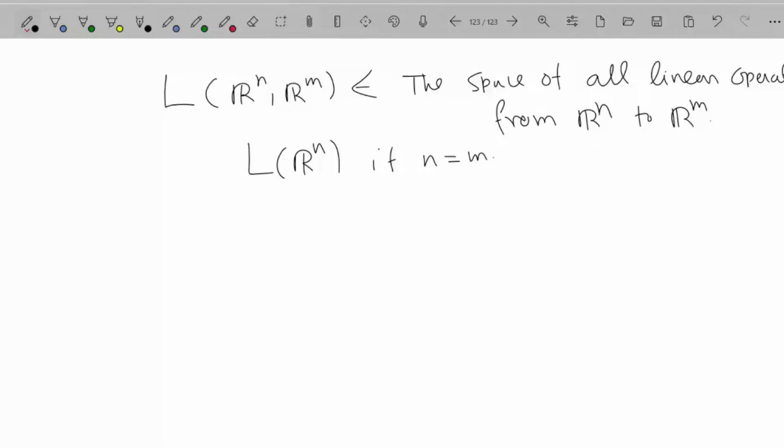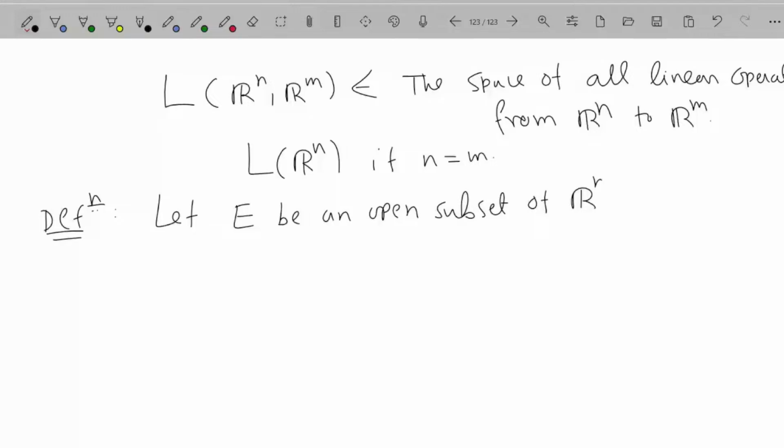Okay. So now we have the definition. Let E be an open subset of Rn.